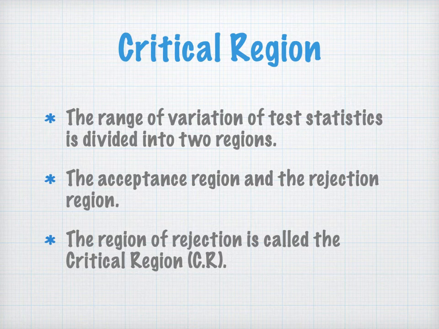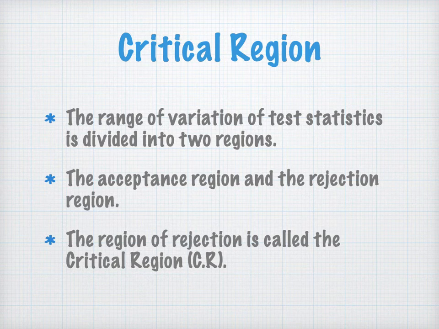So the acceptance region is 45 to 55. If the mean weight lies beyond this, below 45 or above 55, we reject the null hypothesis.